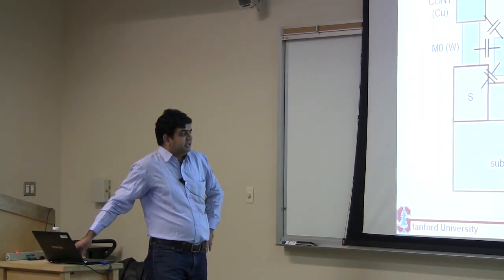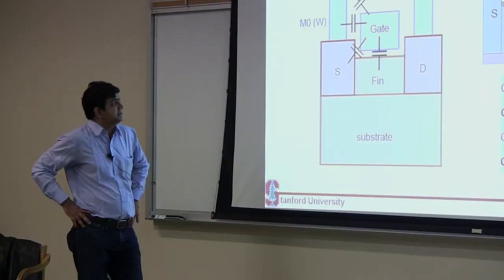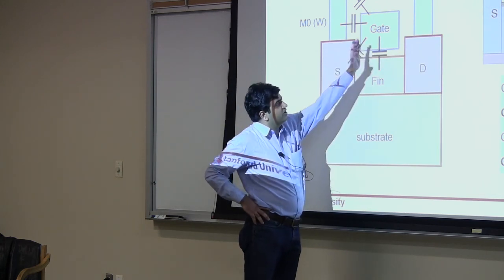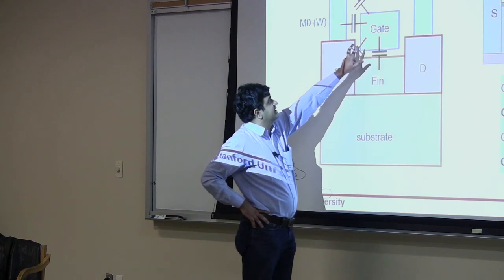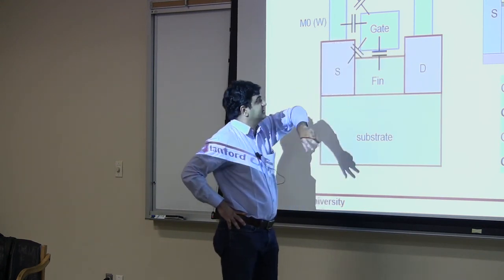So this is something we don't desire, and it comes with its own consequences which are not necessarily good. A bad consequence of going to this self-aligned scheme is that you get a much higher parasitic. You are essentially bringing these contacts very close to your gate, and that increases your gate to contact capacitance.